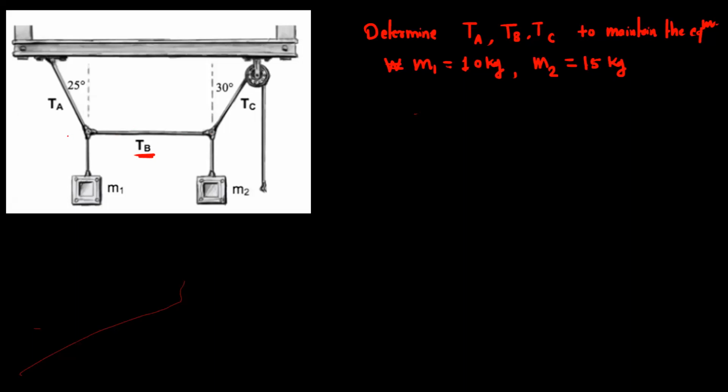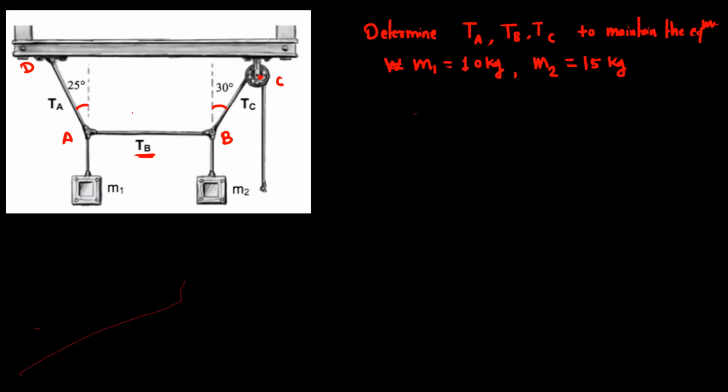So let us take this. This is AB, this point is C, and this is the point B. The angles are given: this angle is 25 degrees and this angle is 30 degrees.